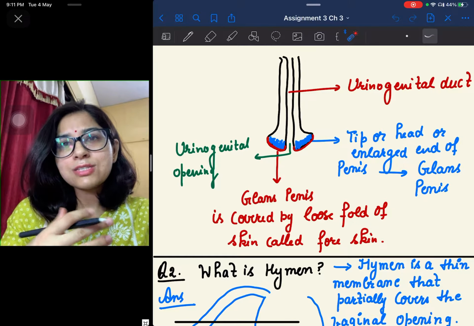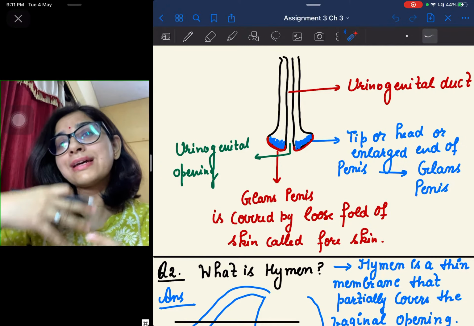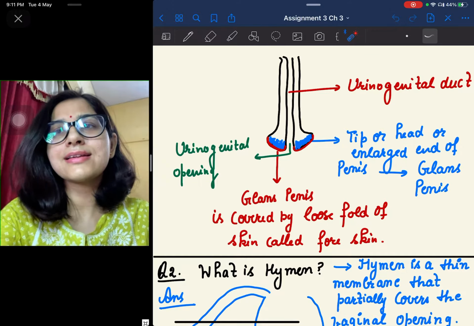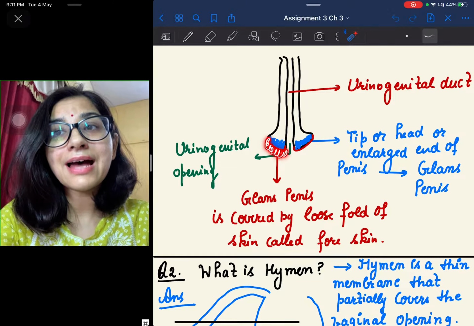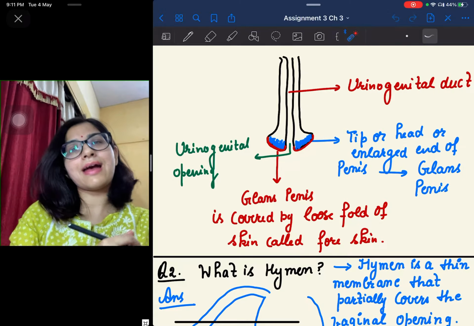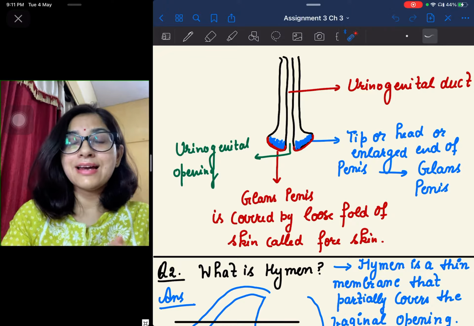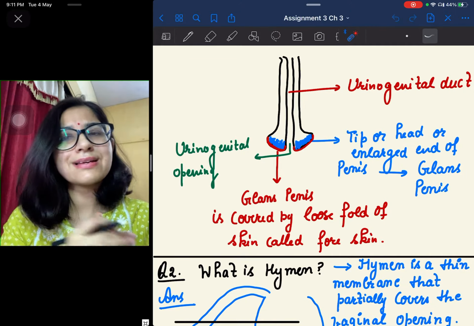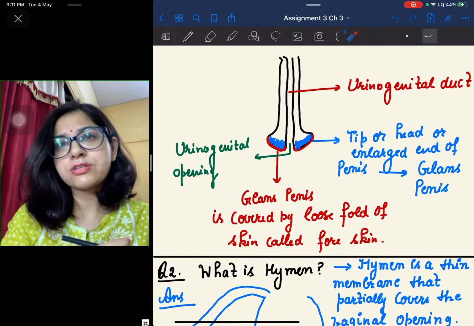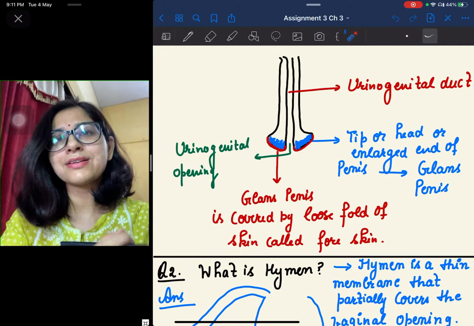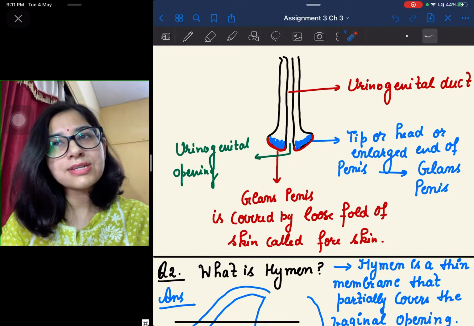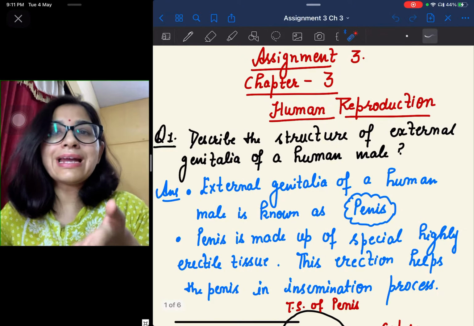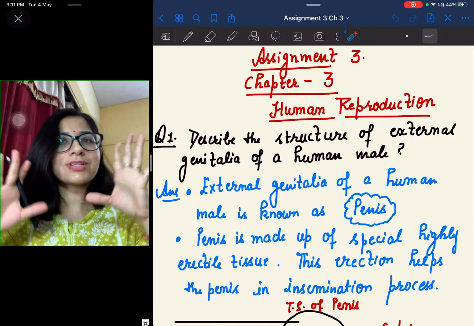Now this glans portion has a folded skin. On this tip or head, there is a skin portion, and that skin is known as the foreskin. It is covered with a very loose fold of skin. So when we draw this structure, we label it also: this is called the foreskin, and this is your urinogenital opening, right? So the picturization is very clear.